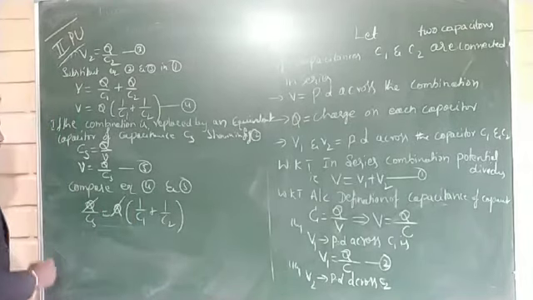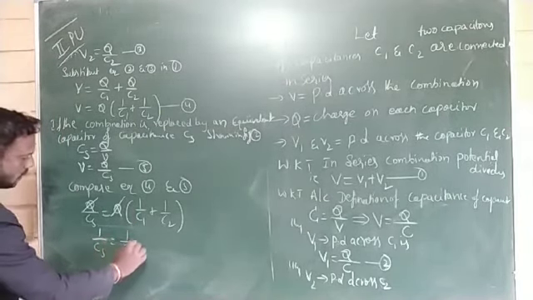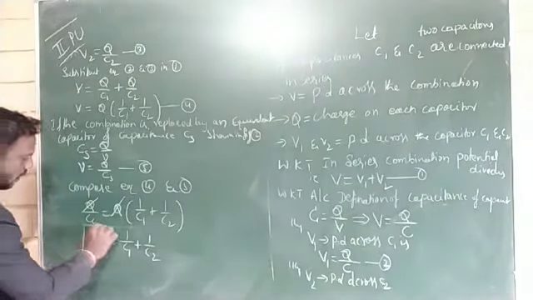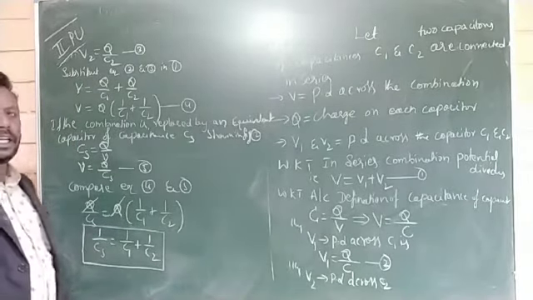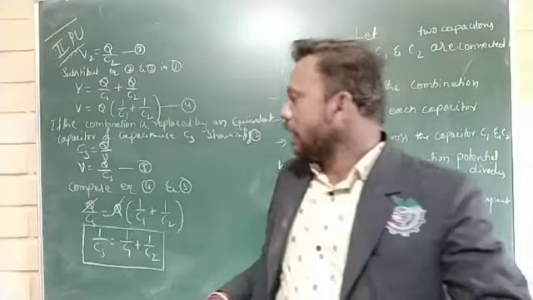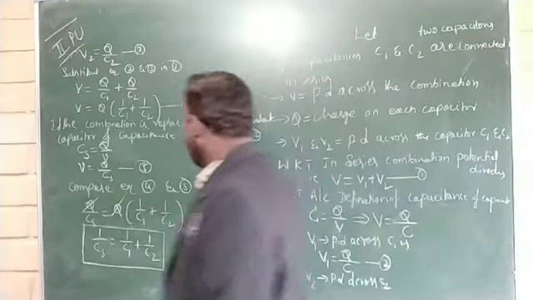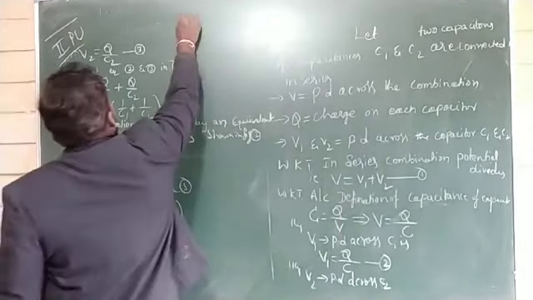Here Q gets cancelled. 1 divided by CS is equal to 1 divided by C1 plus 1 divided by C2. This is the expression for equivalent capacitance of capacitors when two capacitors are connected in series. After that, if they ask for three capacitors in series, the diagram is like this.